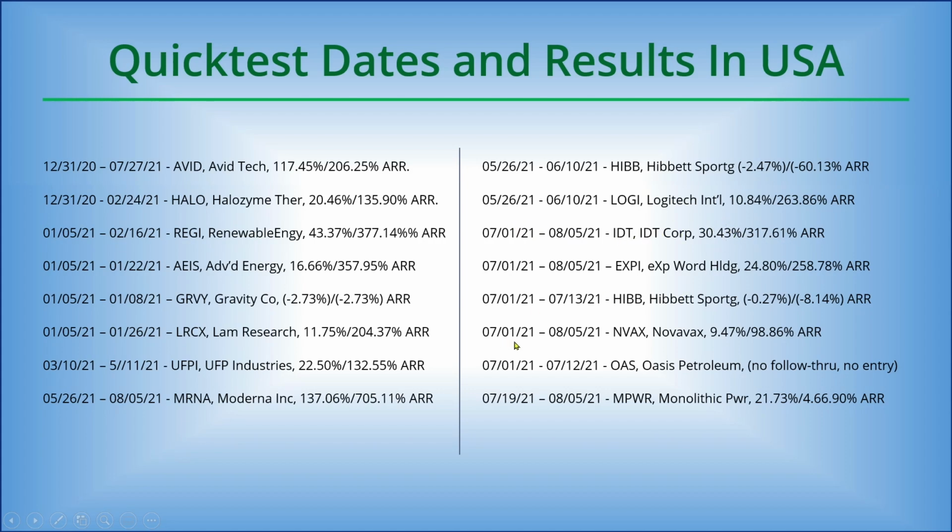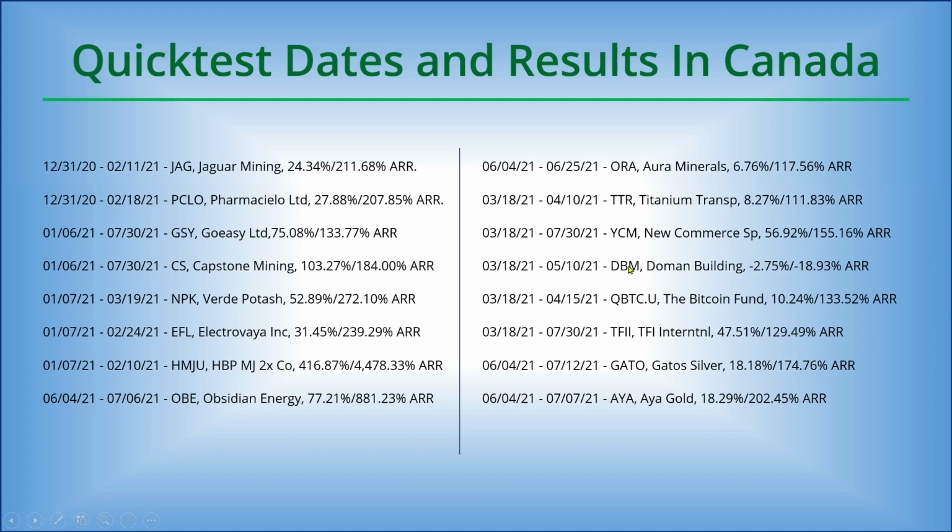So that's the US side. Canada, and I'm sure other countries with our VectorVest software. You get Australia, the UK, and Europe, and I'm sure you would get similar results there. Canada, the results were actually even better, more consistent than I found on the US side when I was doing my quick test.